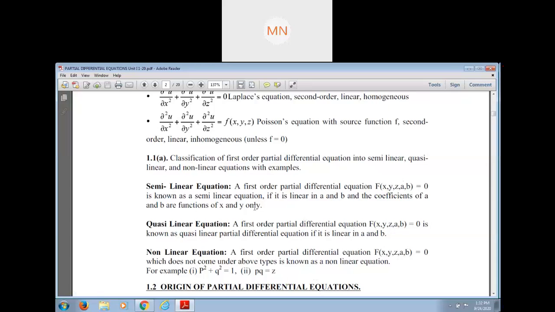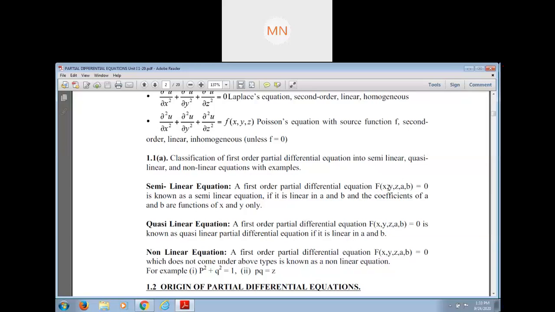And non-linear: suppose it is not semi-linear or quasi-linear, then in that situation we say that this is non-linear. And linear means what? If it is first degree, and there is no product of the independent variables, then in that situation we say that this is linear. That is the definition.